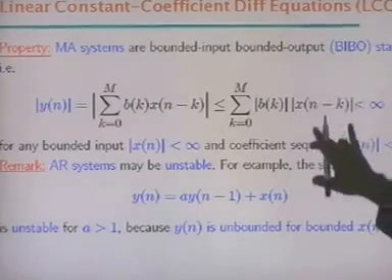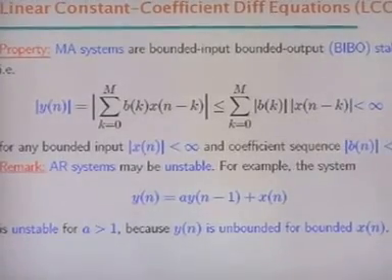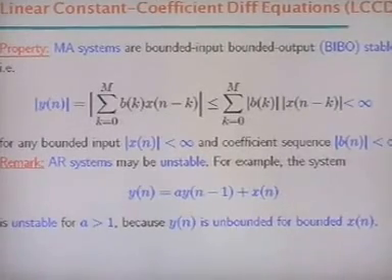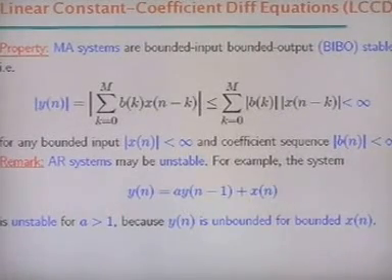Now in case your x of n is bounded, your y of n would be bounded, provided that the coefficients given to you are also within a finite limit. If all these coefficients are finite numbers, then you will have a stable system.